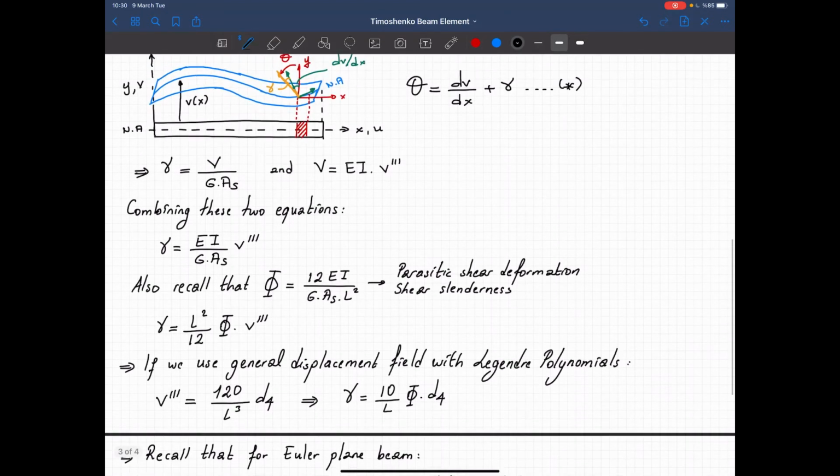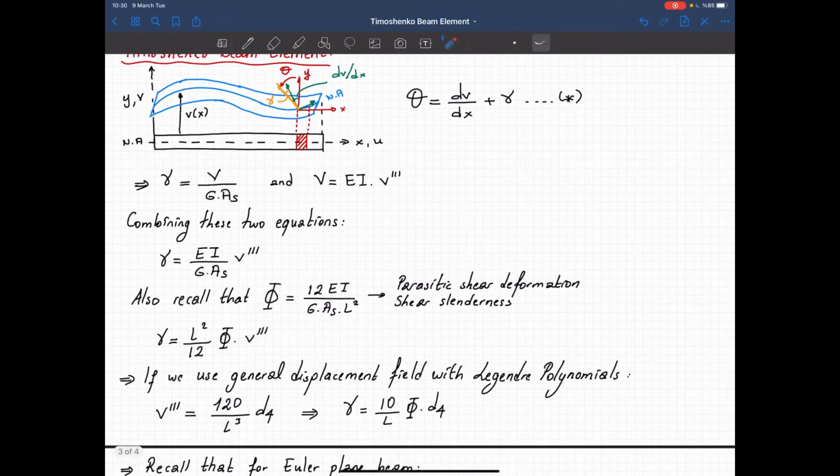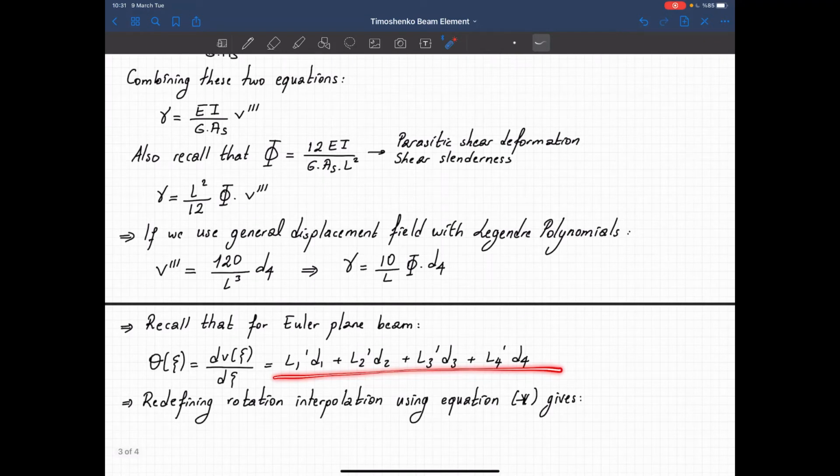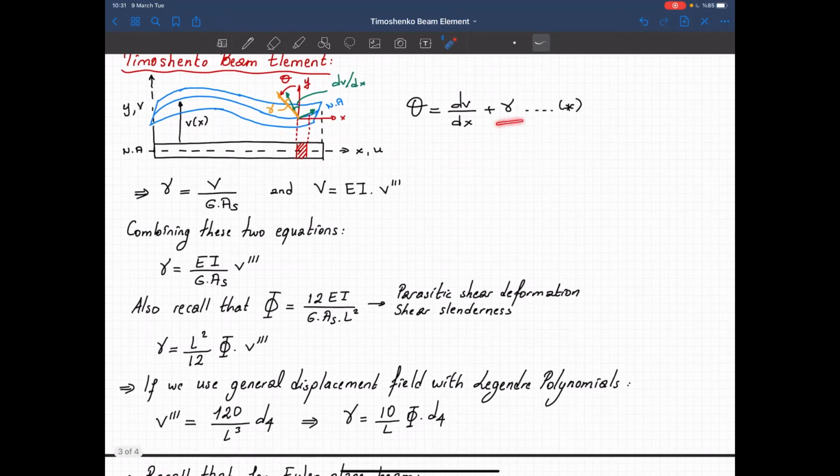So we are using this equation, that equation. So dv over dx interpolation is as follows. The shear is equal to this one. We just add them up.